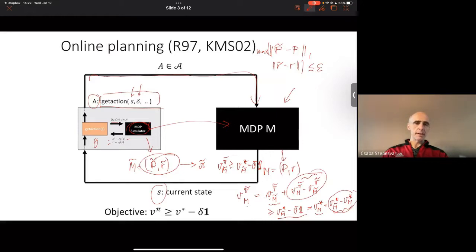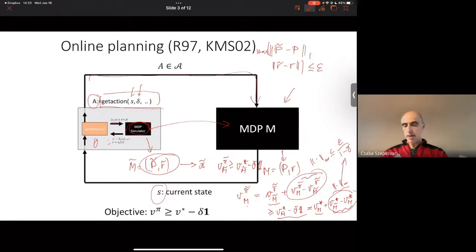So there is continuity. It's because of the contractions that we have, and it's not too hard to do this. You will find that this difference in supremum norm is upper bounded by epsilon over 1 minus gamma, and similarly this is upper bounded in supremum norm by epsilon over 1 minus gamma.